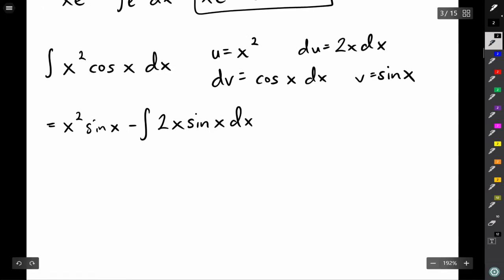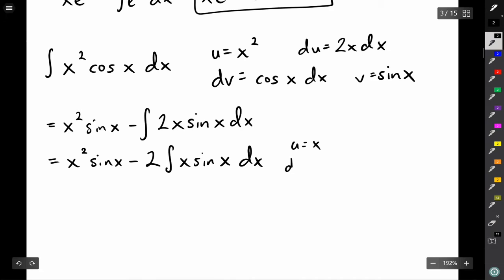So let's go ahead and prep this a little bit. All right, so we're looking at this integral right here. U is going to be x, dv is going to be sine of x dx.